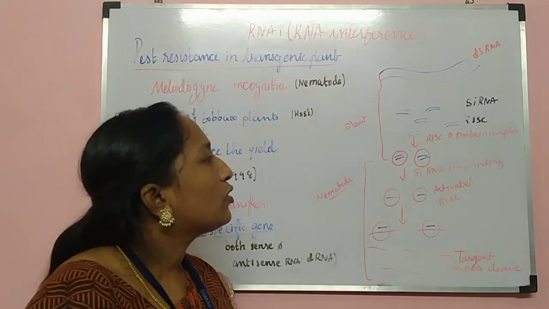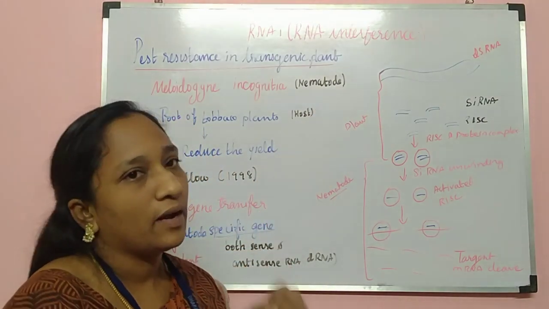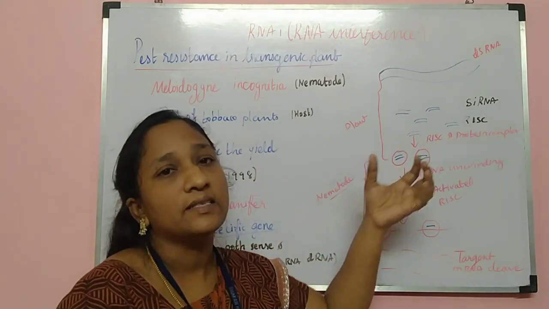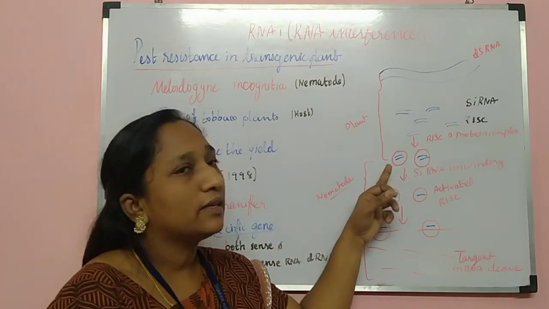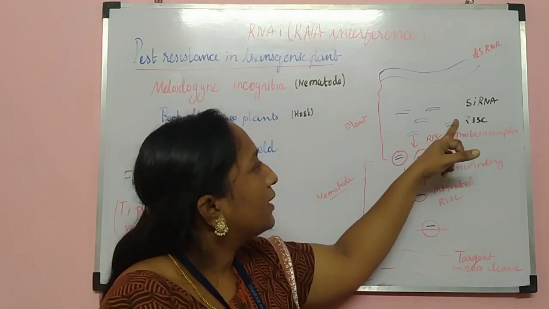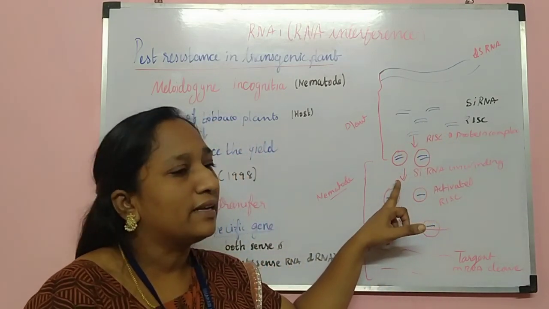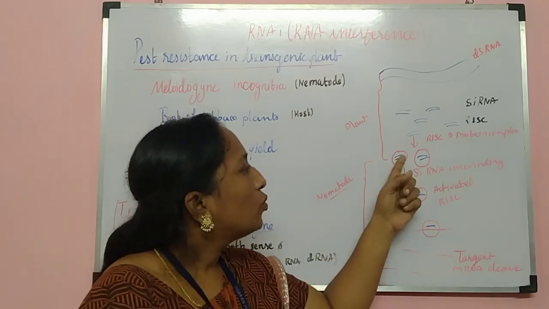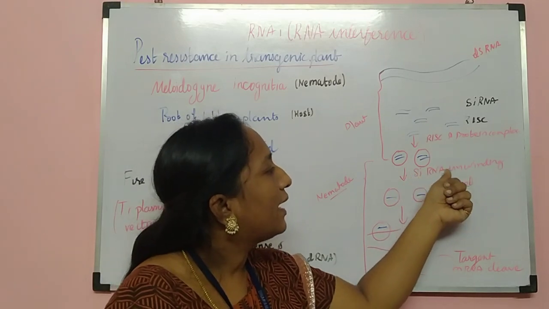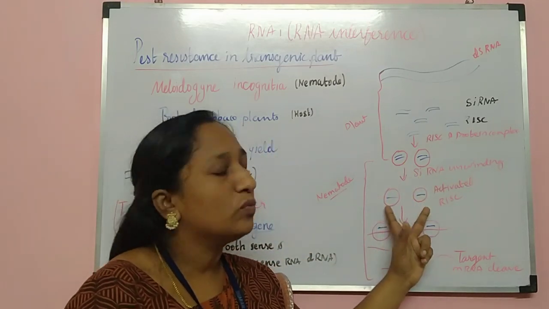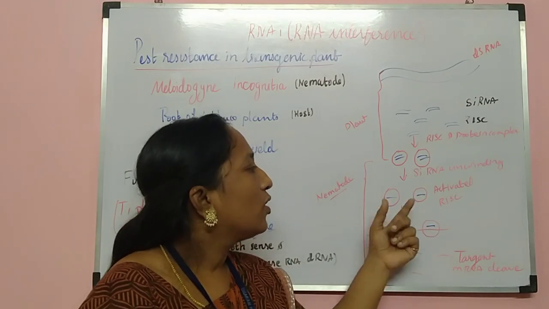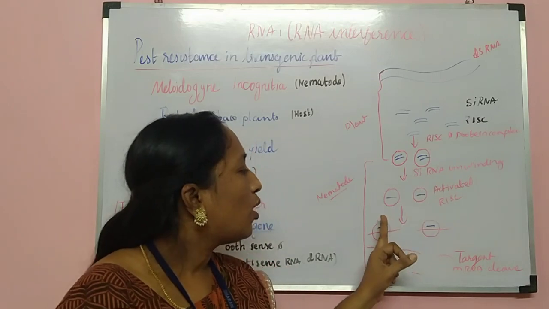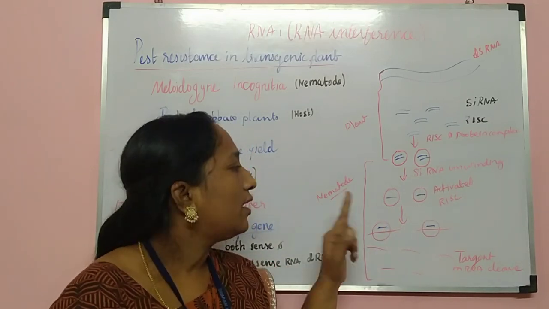Up to this point, the process takes place in the plant. Then the leaf of the transgenic plant is eaten by the nematode. Now the RISC complex enters the stomach of the nematode. While it goes inside, the double stranded siRNA unwinds and turns into a single strand, and it gets activated. Once activated, it goes and binds with the mRNA of the nematode.